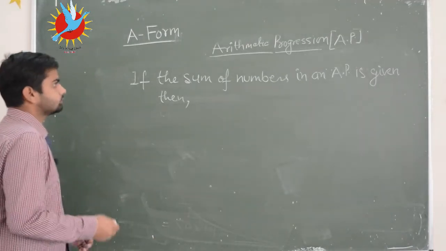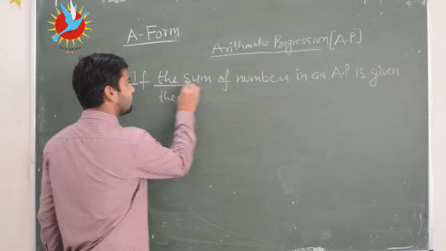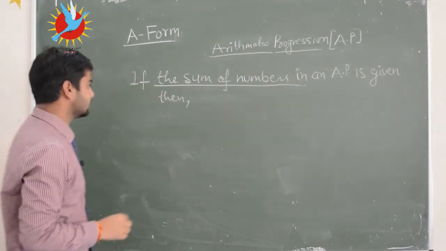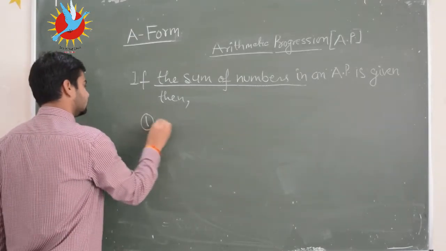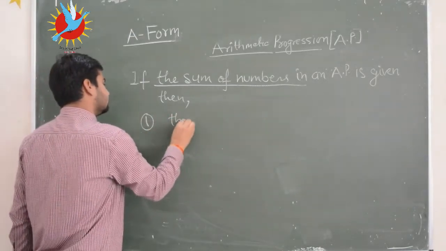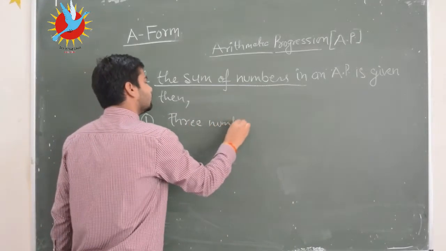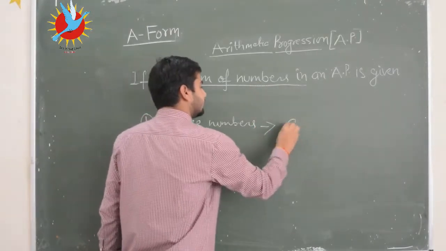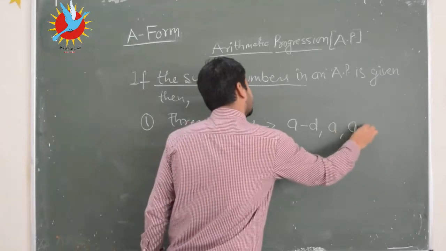And in the case of AP, if the sum of numbers is given in the problem and we want to take 3 numbers in AP, we will select the numbers a minus d, a and a plus d.